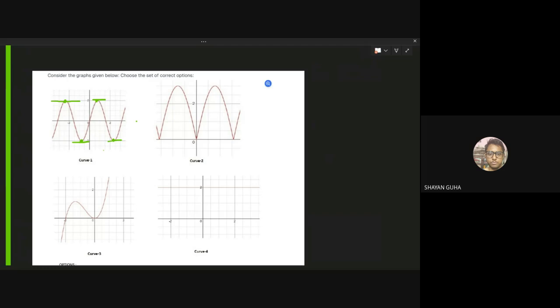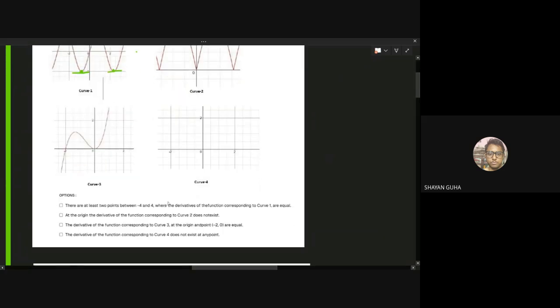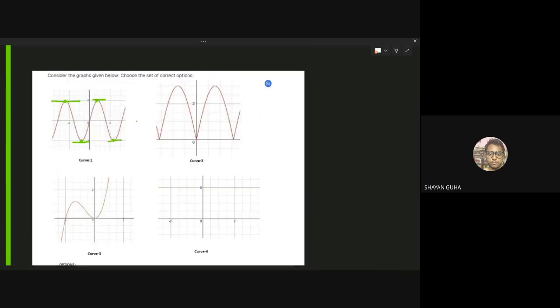So according to the given question, it's saying that between -4 and 4 there are at least 2 points where the derivatives of the function corresponding to curve 1 are equal. So we can see that there are actually more than 2 points: this one, this one, this one, and this one.